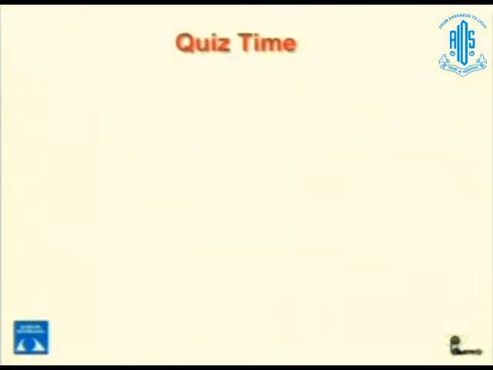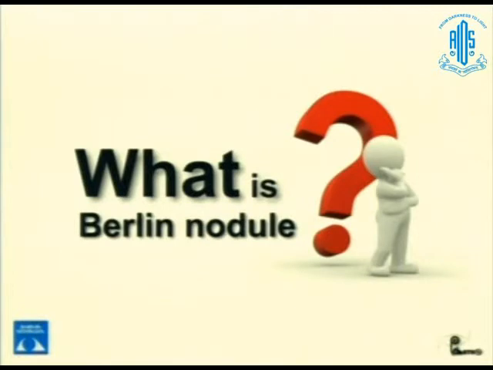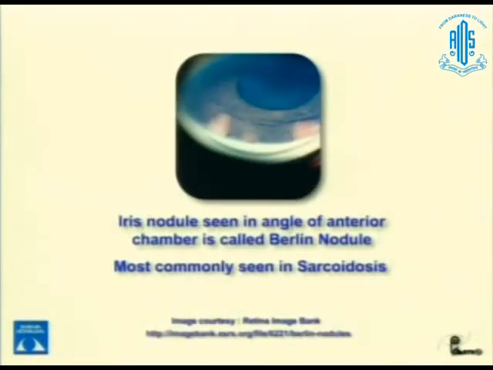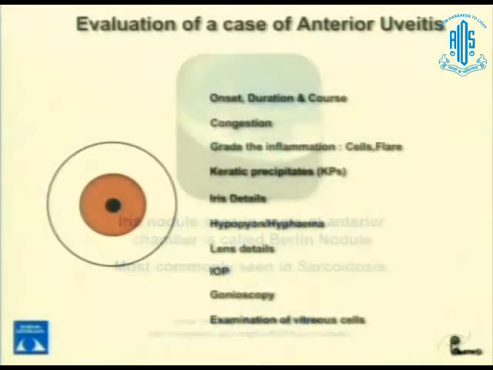Now my next question, what is Busacca nodule? Yes? Busacca nodules are the iris nodules seen in the anterior chamber, which can be found with the help of gonioscopy. These are most commonly seen in sarcoidosis.